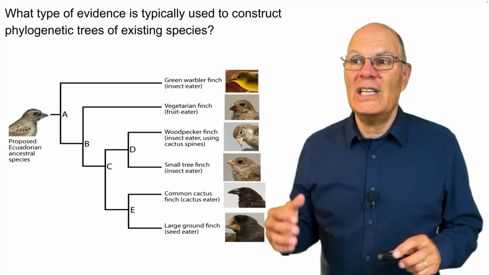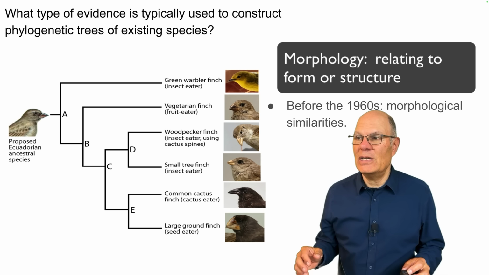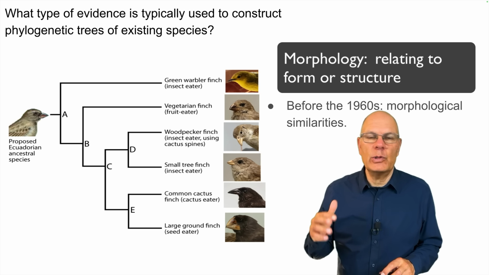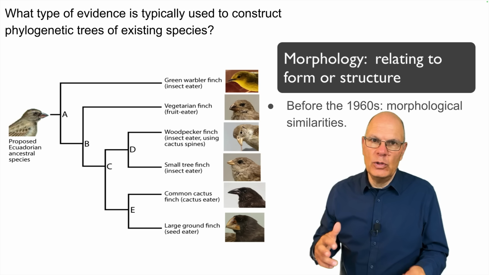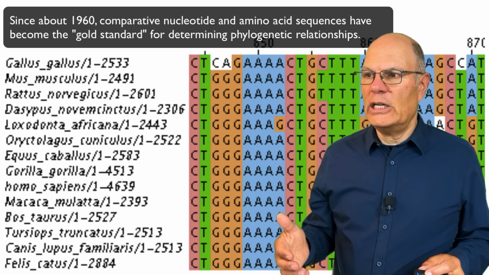What type of evidence is typically used to construct phylogenetic trees of existing species? Before the 1960s, morphological similarities were what biologists used to determine who was more closely related to whom and thereby construct phylogenetic trees.